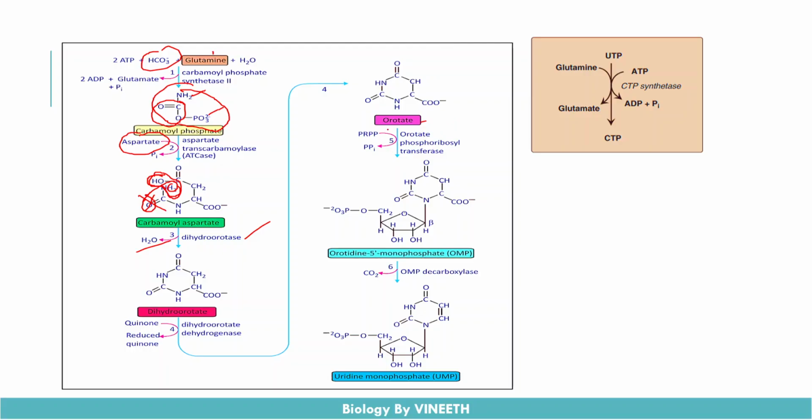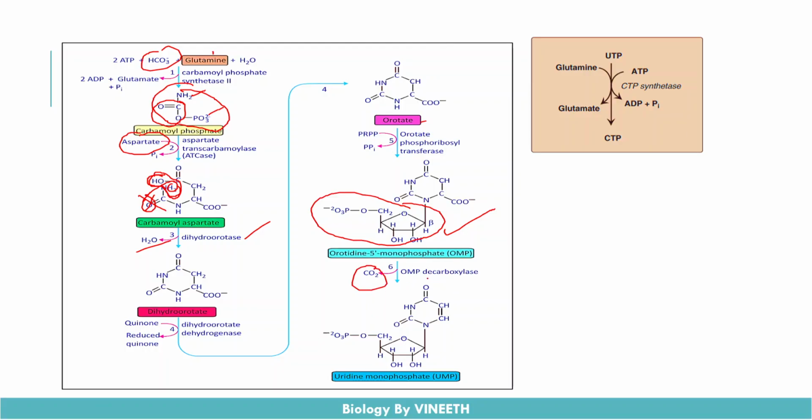acid, when it gets bonded by phosphoribosyl pyrophosphate, converts into orotidine 5 monophosphate. So an extra sugar molecule is bonded to this orotic acid, and this orotidine 5 monophosphate exactly resembles the structure of the uridine monophosphate. The major difference between these two is one extra carbon dioxide group.